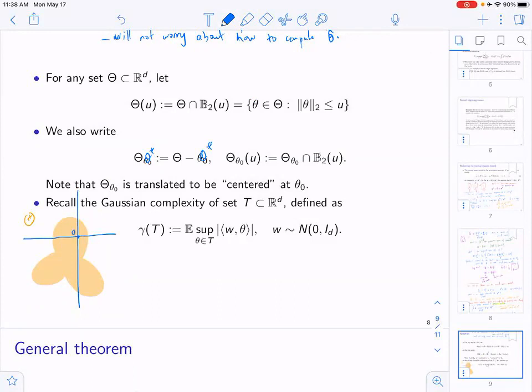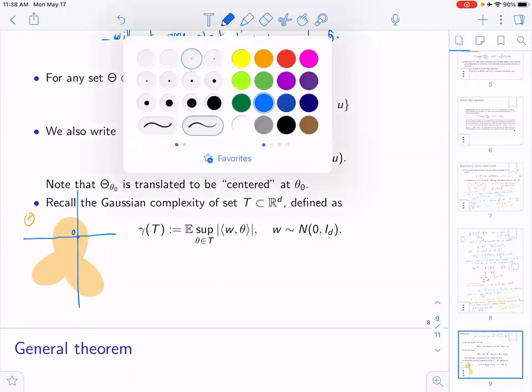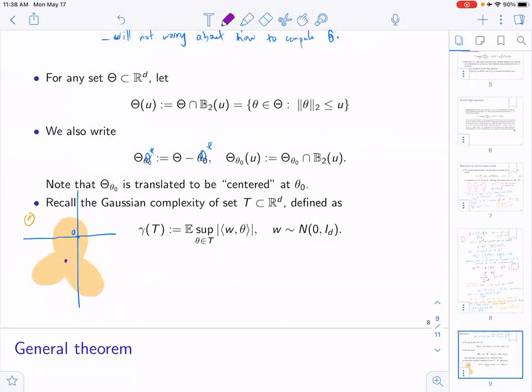Let's say my theta star is here. What I'm interested in is this centered version. So I care not about the set around the origin, but first I shift to theta star, which is just this shifted version.